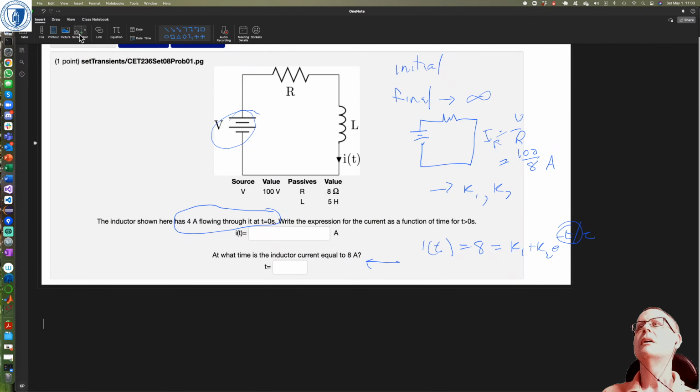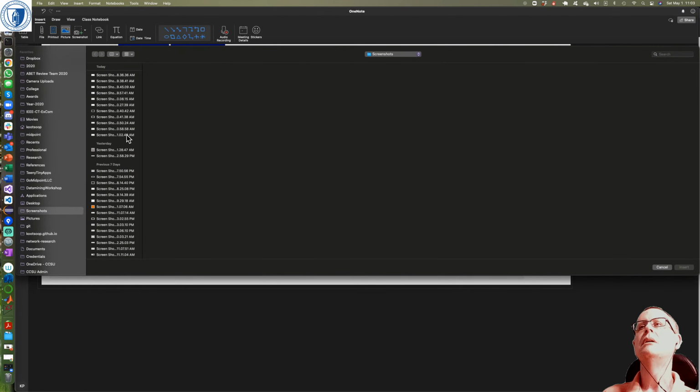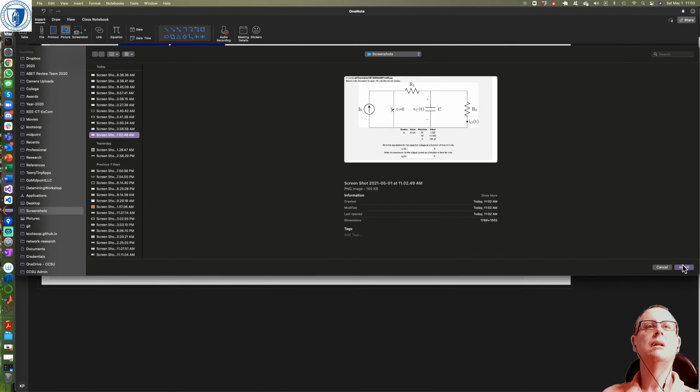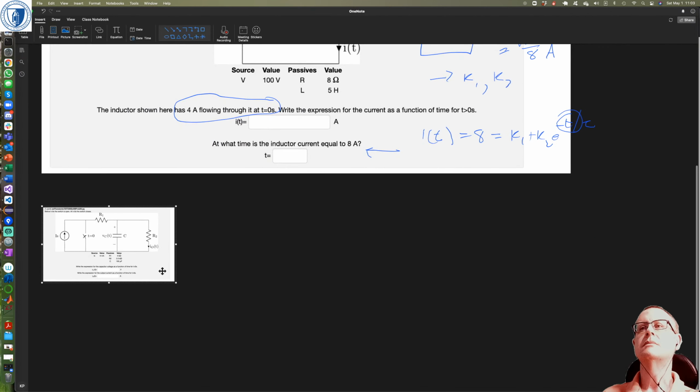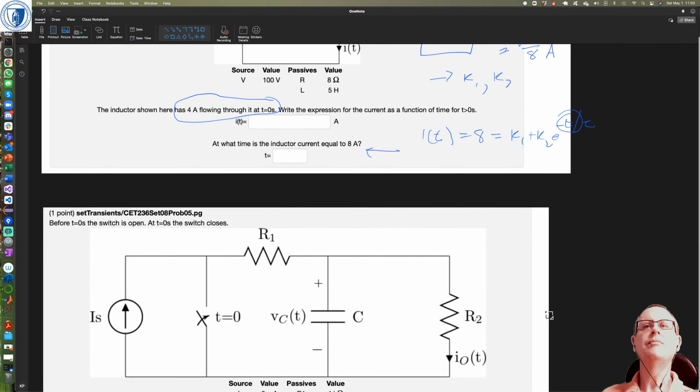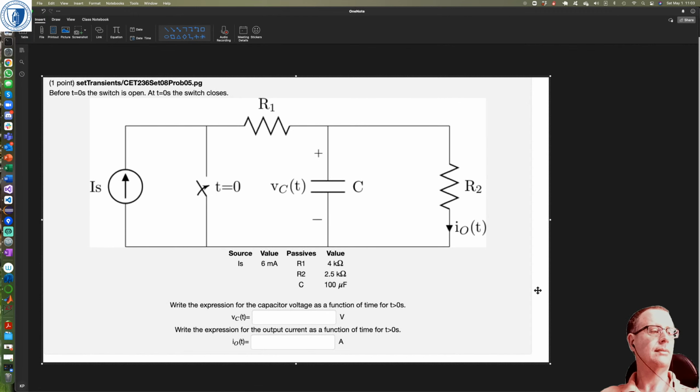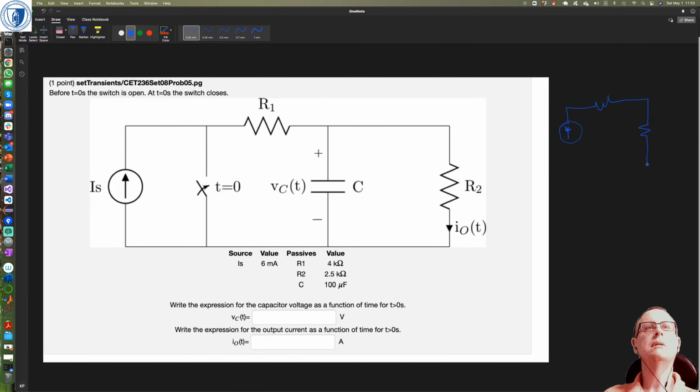In the initial condition, the circuit looks like that. It's just a voltage divider, and that'll tell you what the voltage here is, which is going to be the initial VC.